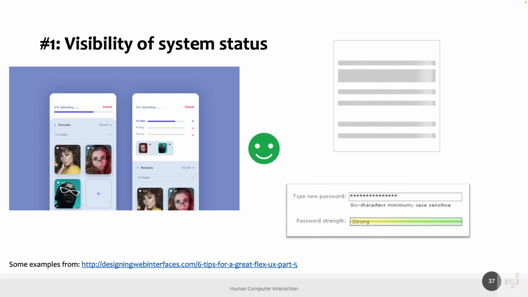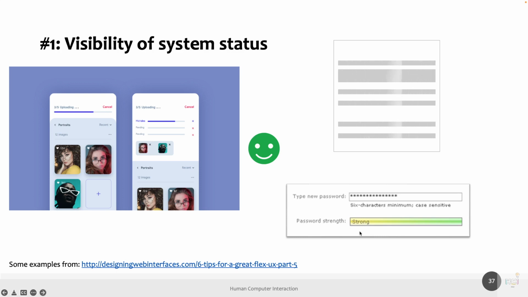So the user is well aware of the progress and can wait for the process, knowing how it is going. And if the user clicks on the progress bar, she can receive even more detail. Okay, so that's a good example.